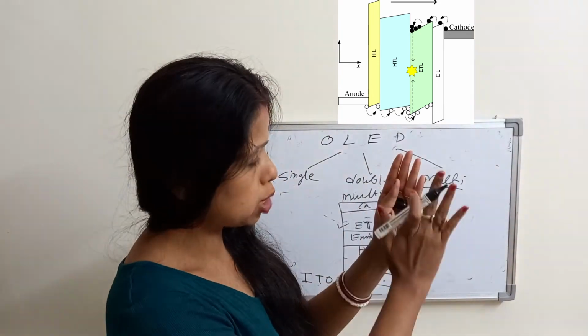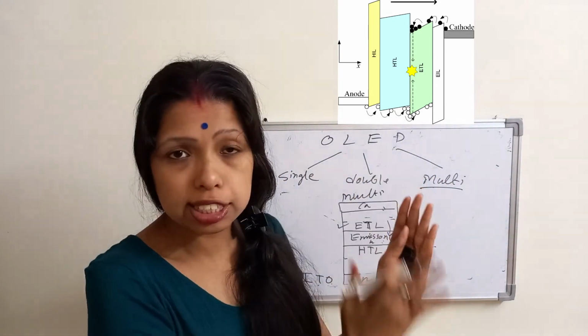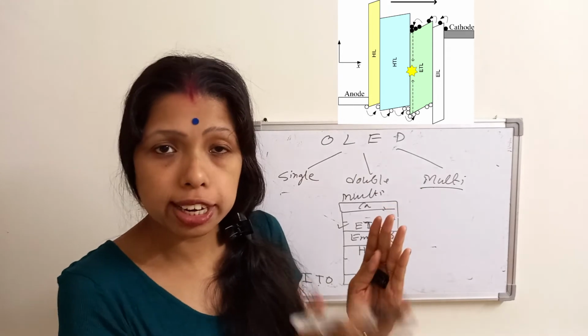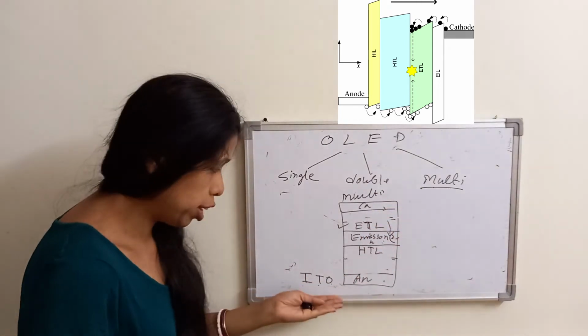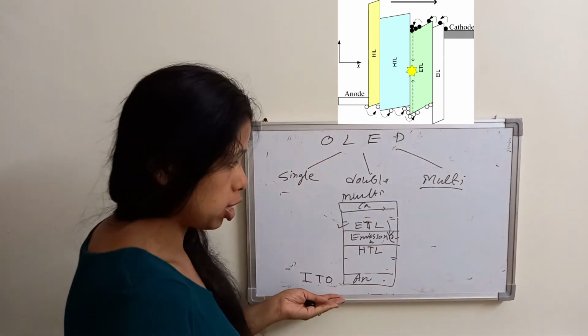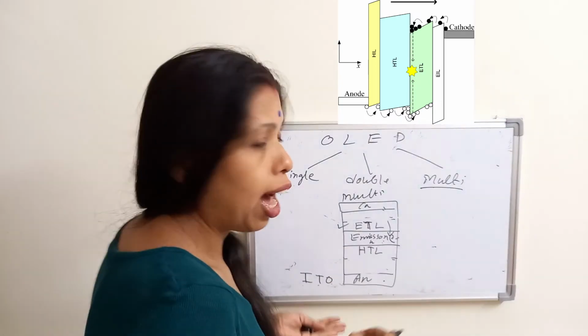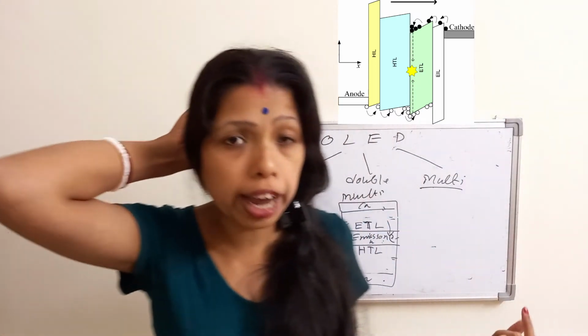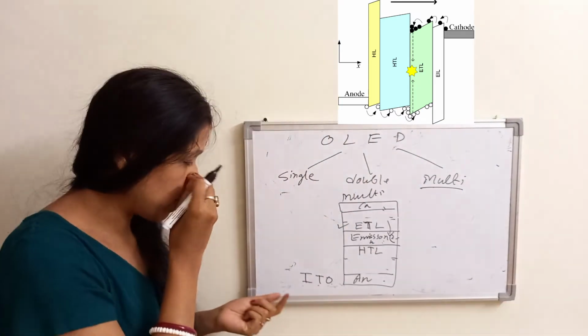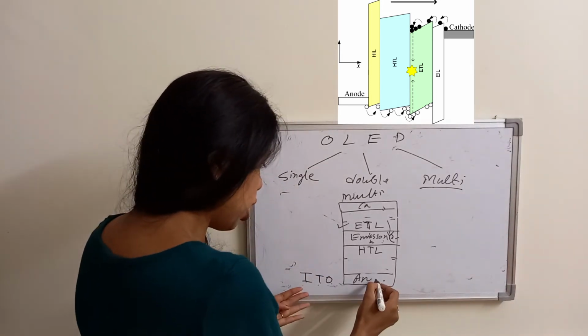So if you see the display, the upper layer should contain indium tin oxide. Indium tin oxide has a high work function. So what will happen?